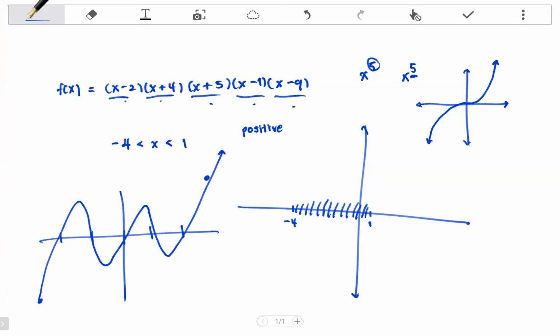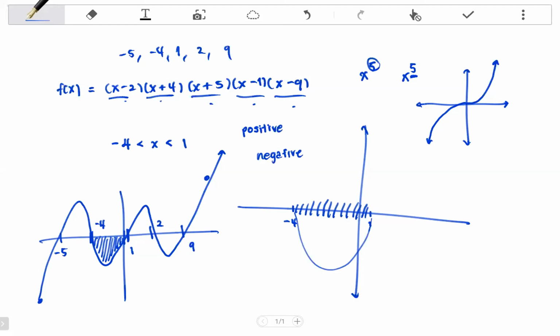If we look at the points, from lowest to greatest, this is -5, this is -4, this is 1, this is 2, and this is 9. You know that from -4 to 1, which is here, it's below the graph, right? Everyone can see that, right? It's below the graph. So our answer should be negative.